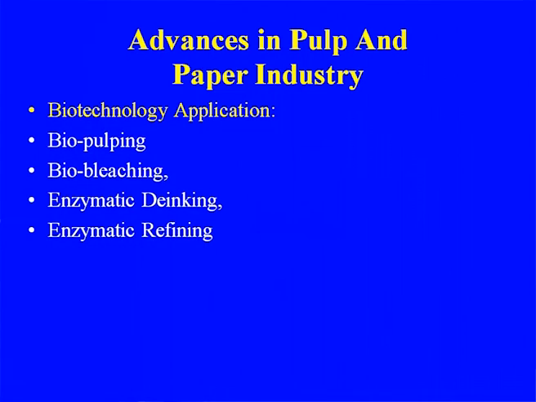These are some of the biotechnology applications I already discussed earlier: biopulping, biobleaching, enzymatic de-inking and enzymatic refining. All these have been tested, but at industrial scale, how much improvement is there?